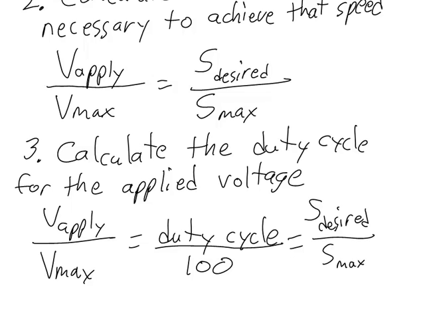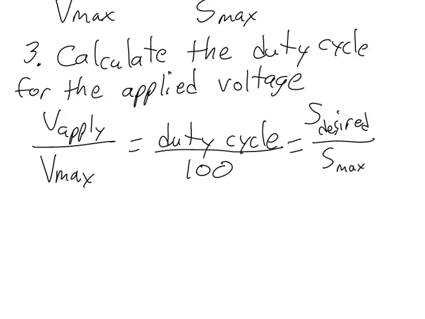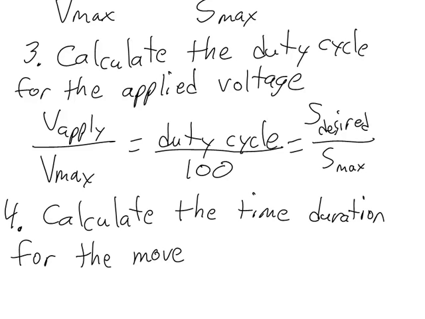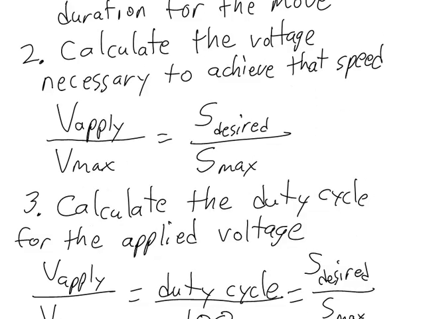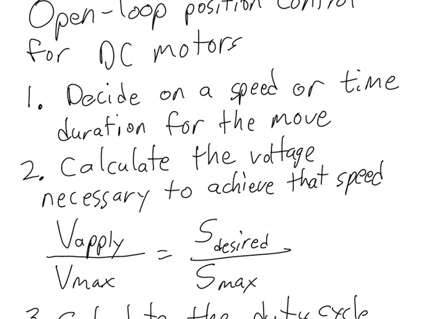Now, once you know the duty cycle that you have to set for your pulse width modulated signal, there's one last step that you have to do. Step number 4 is to calculate the time duration for the move. You get the time duration for the move from the desired speed and the desired position, or the desired displacement, of the move.